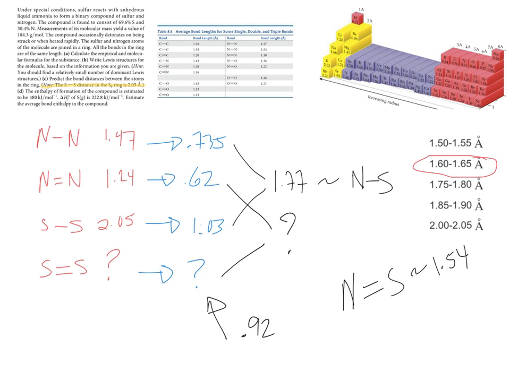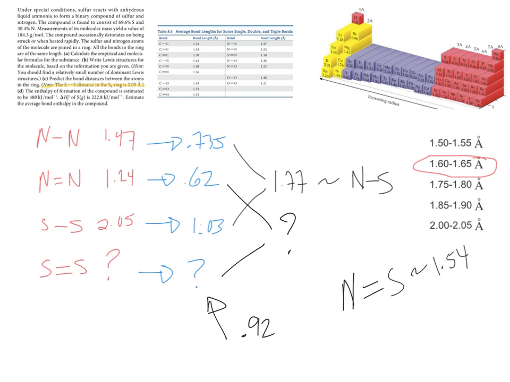If that's the case, we get about a 0.92 bonding radius for the sulfur double bond. And so if we put those two together in a nitrogen to sulfur bond, we get about 1.54 angstroms.